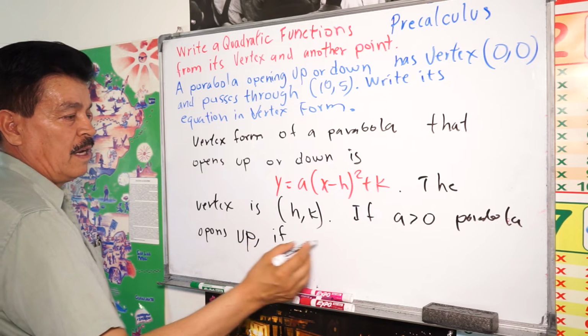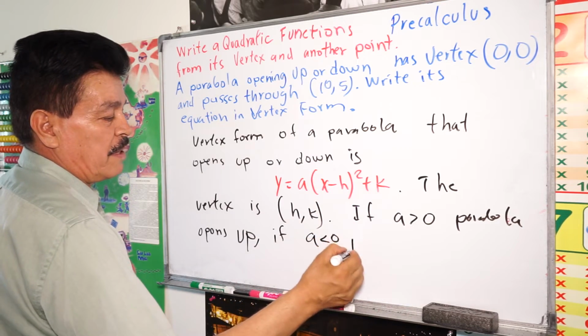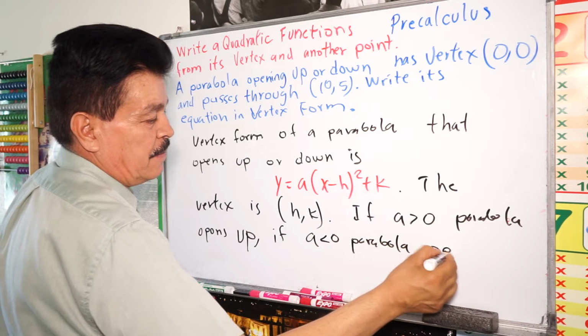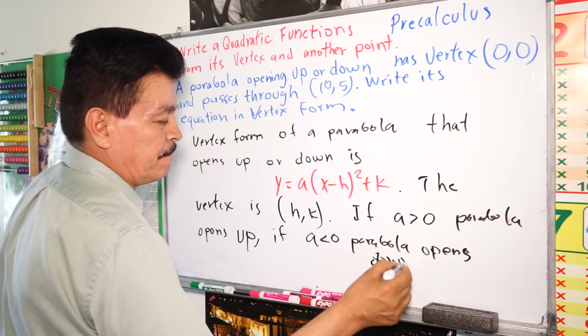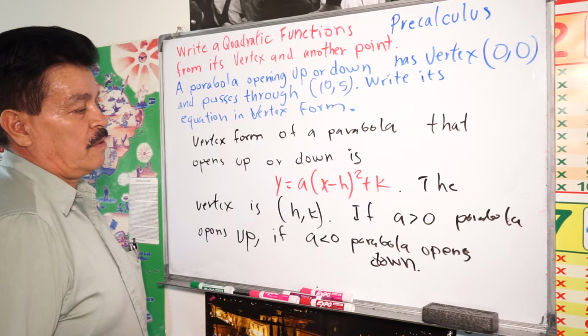If a is less than 0, the parabola opens down. Okay, that's a very important concept to review.